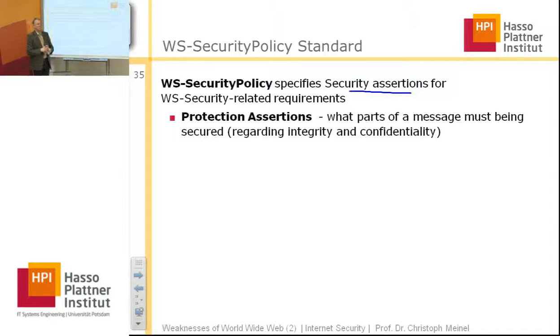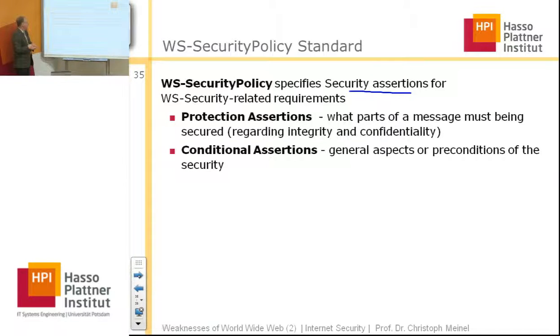In the web service policies, there is a protection assertion, what parts, and this tells what part of the message must be secured with regard to integrity or with regard to confidentiality. Then there is a conditional assertion.